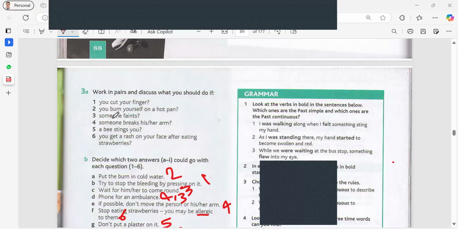They let him sit down on the chair and drink some water. Okay, good. Did they try to wake him up? Is it right or wrong? I don't know. I didn't see, but he woke up.